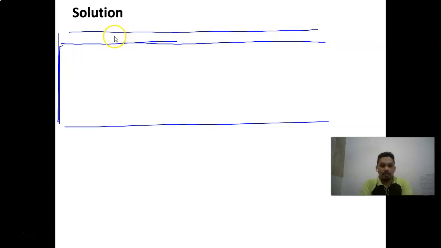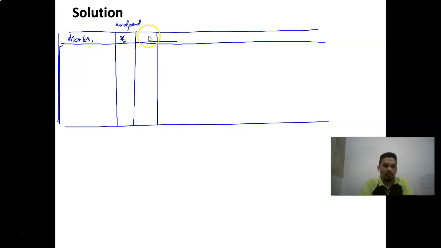So the first one here is marks. Then x, or the class marks, or the midpoint. Then the frequency, and then cumulative frequency.